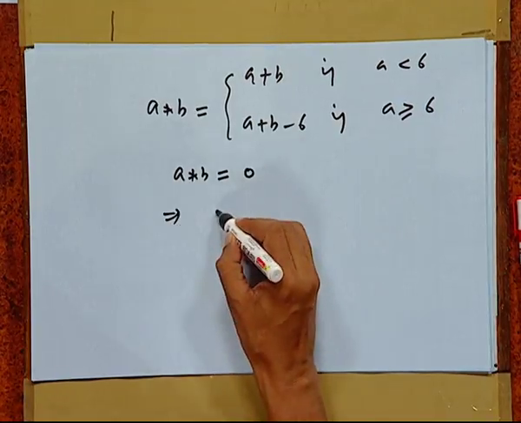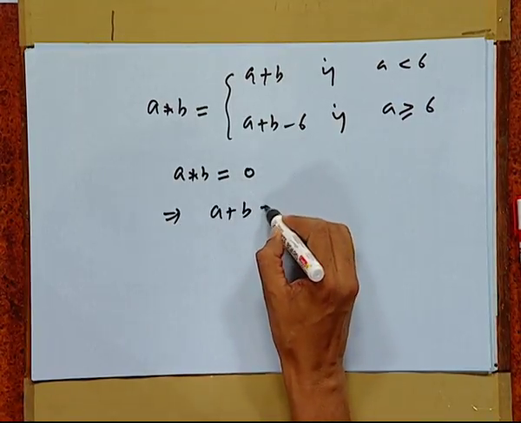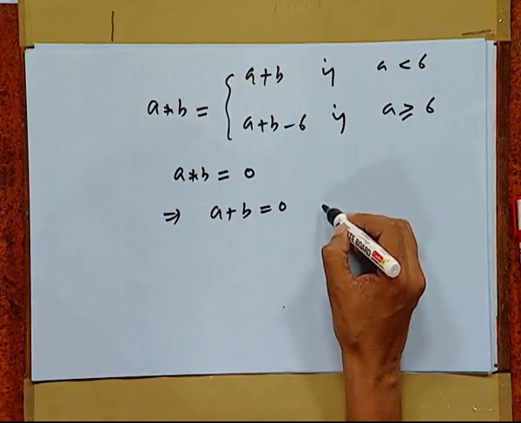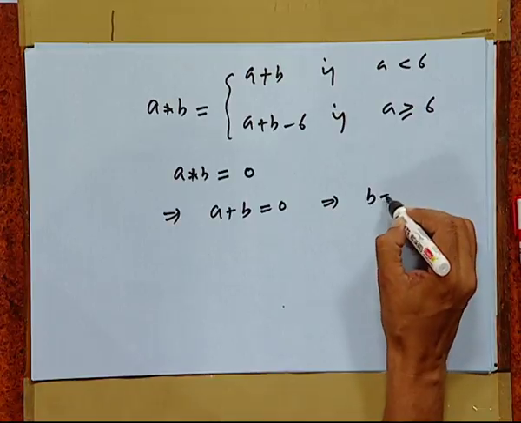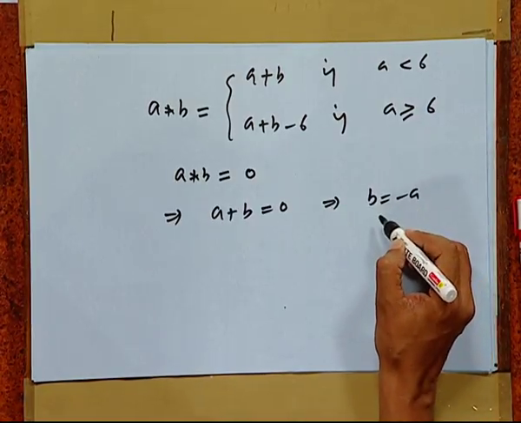This means a plus b should be 0, which gives b is minus a, but minus a finds no element in the given set. So, this would not work.